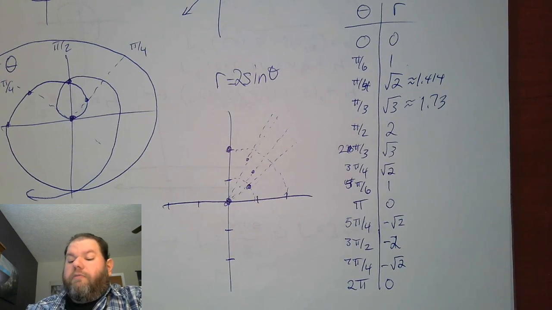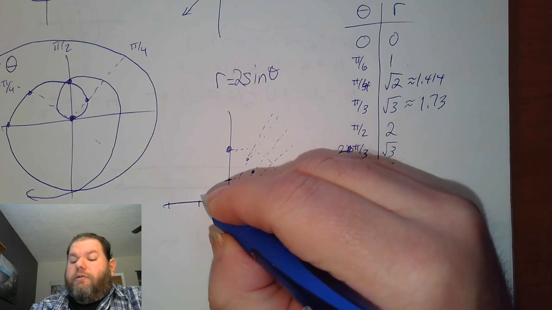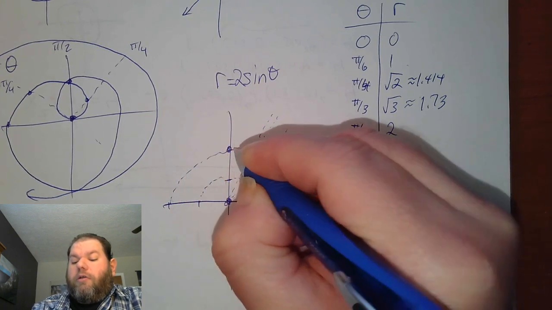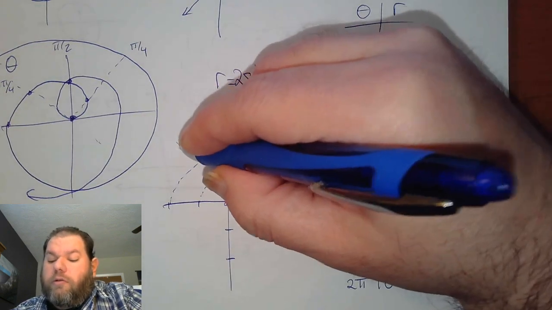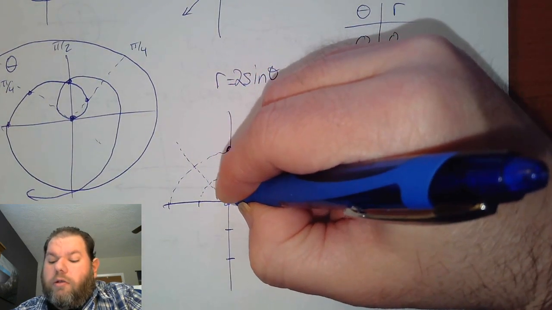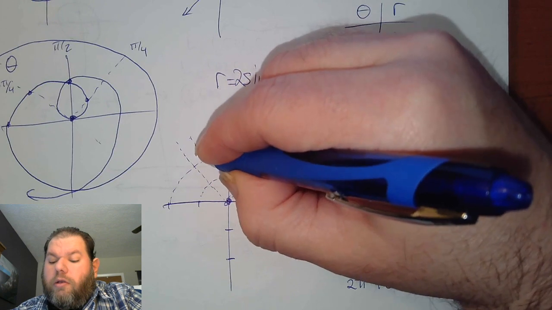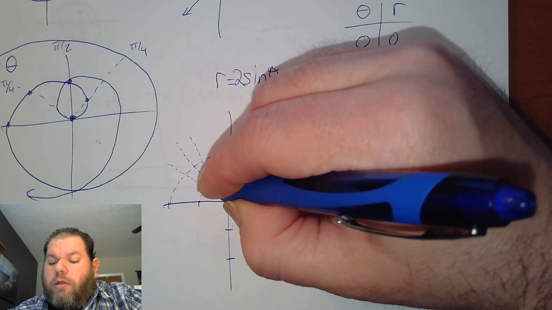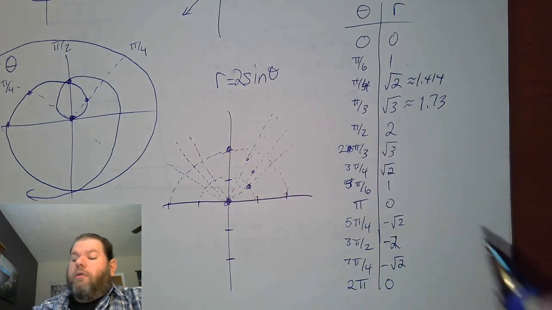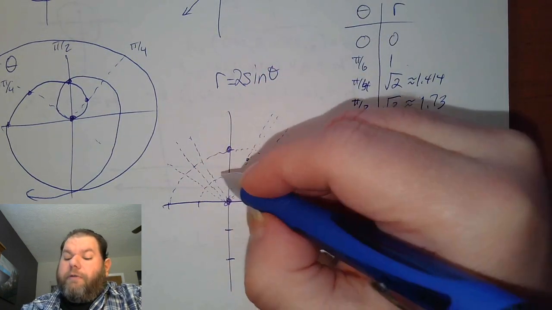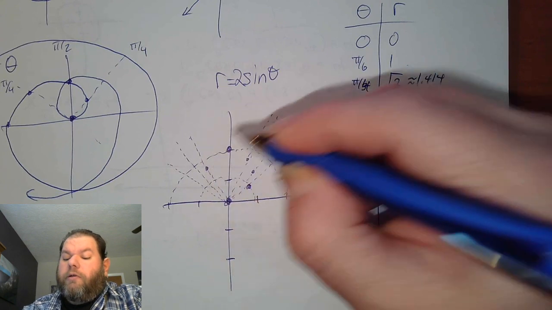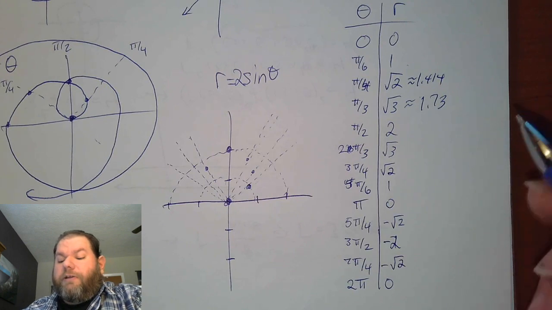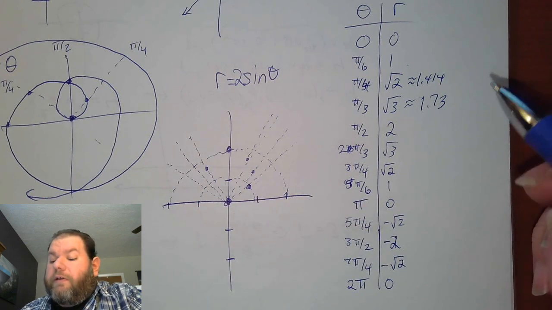Okay. Repeat over here. At 2 pi over 3, we have root 3, which actually should be the same height as this other one I drew, but I think I got the angle wrong this time.